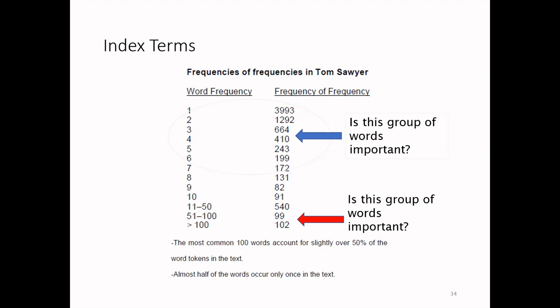But the words that are present fewer times are the words that are important. If you look at this table, you will find that the words highlighted with the blue arrow appear to be the important words, and the words characterized by the red arrow appear to be the words that should be ignored.